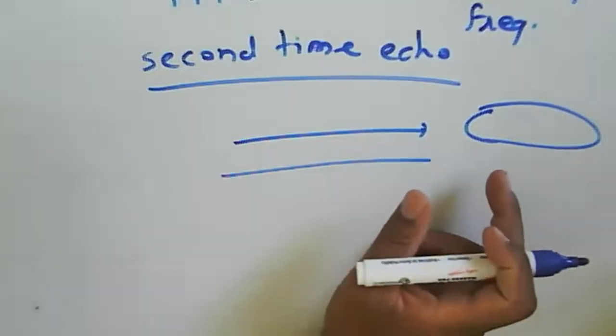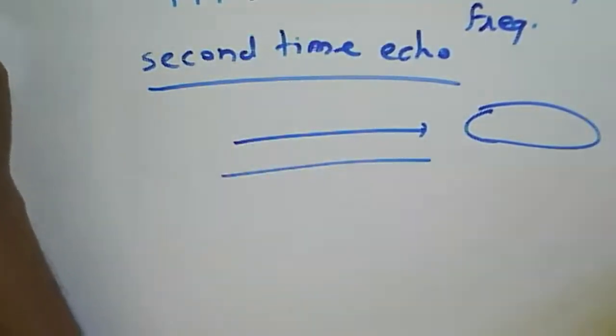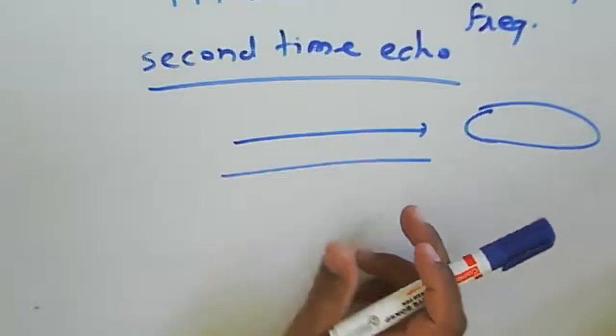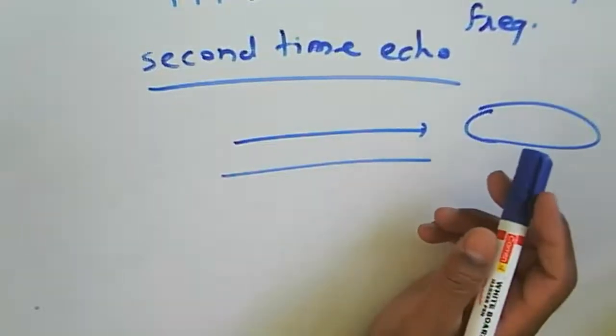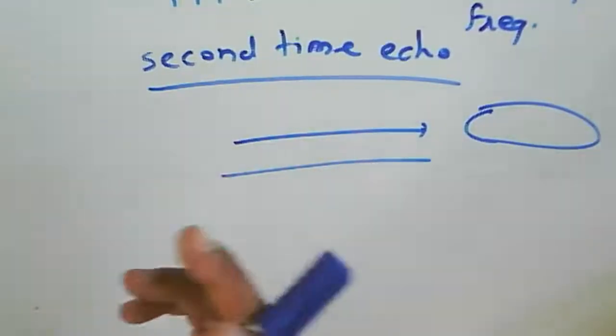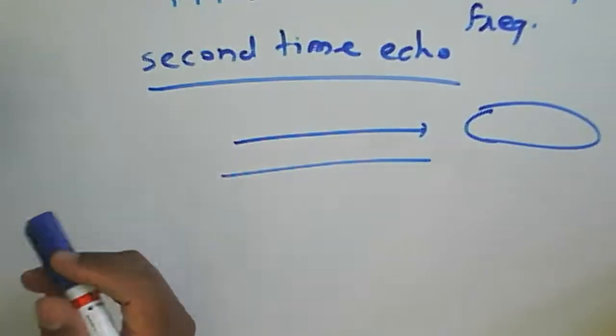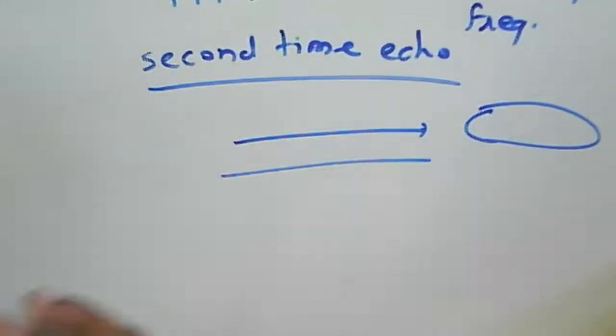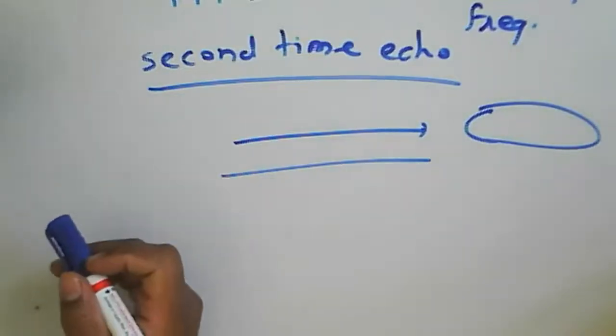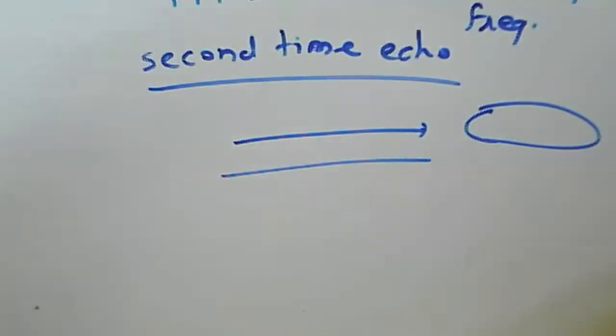So to avoid this second time around echo from the clutter, because clutter is nothing but a stationary object, or to remove that second time around clutter echoes, we can use a constant pulse repetition frequency as the only solution.